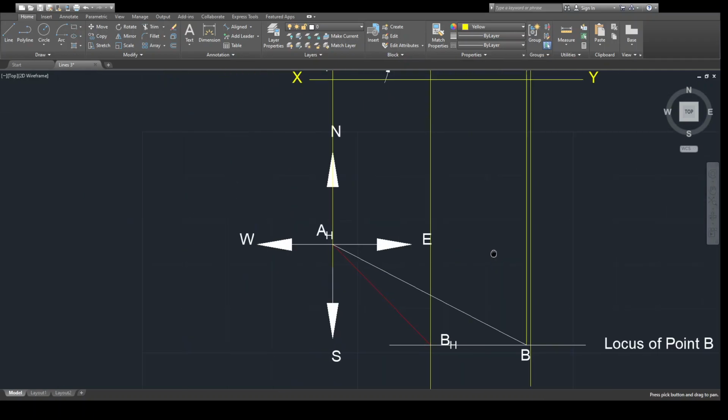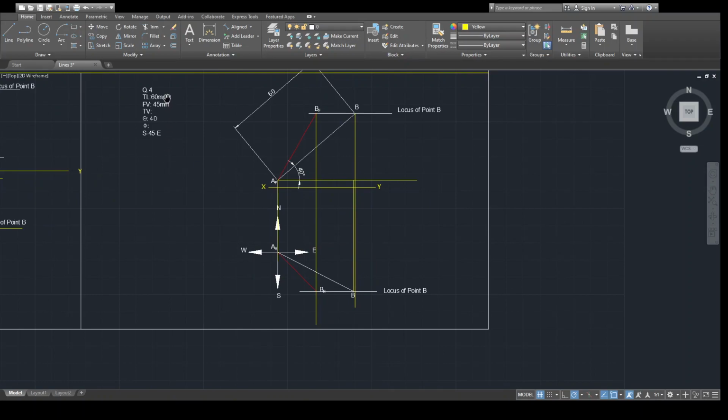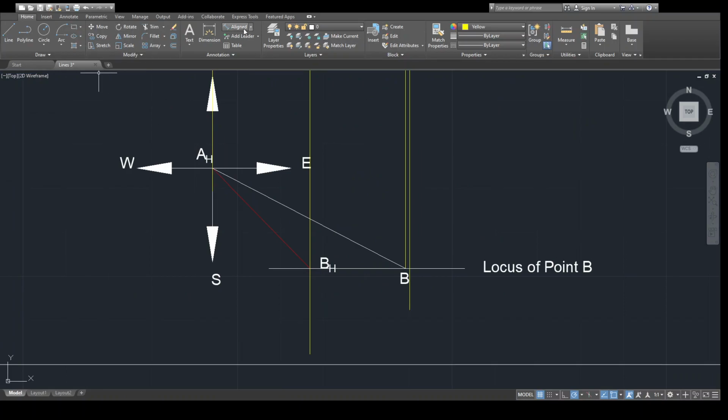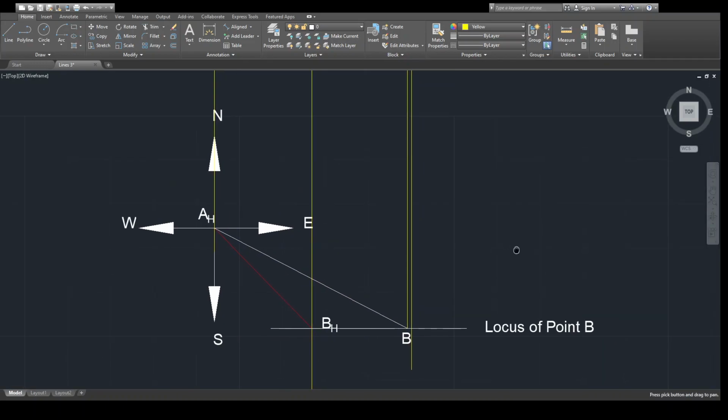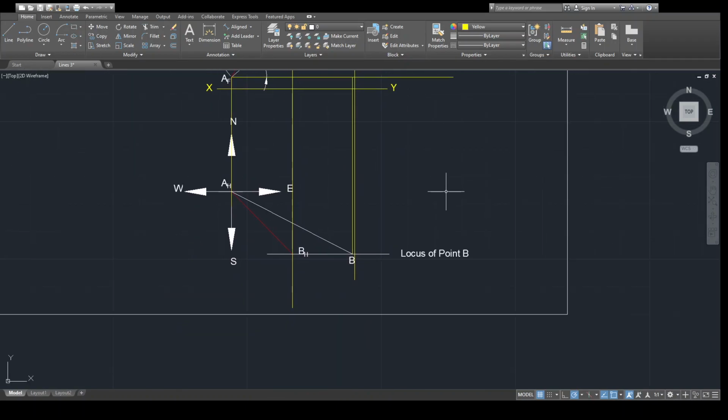We know that the true length in both the views must be the same. So the true length is 60 mm. Let us measure. I will show you the same 60 mm. Okay, so this is our true length in case of top view.